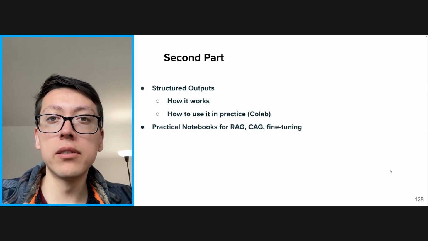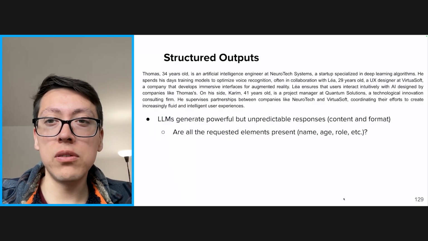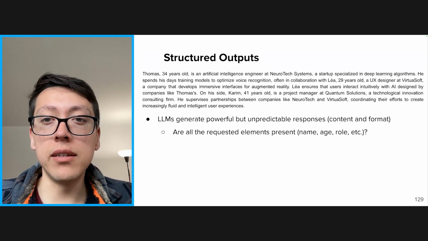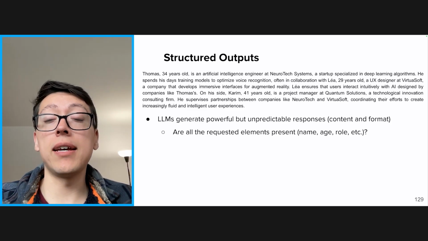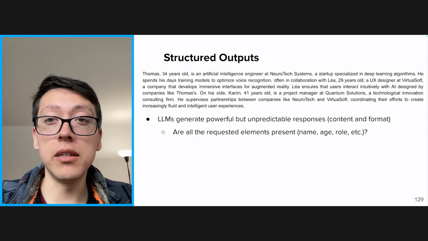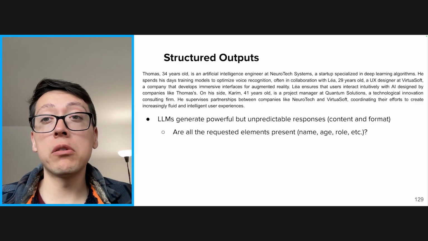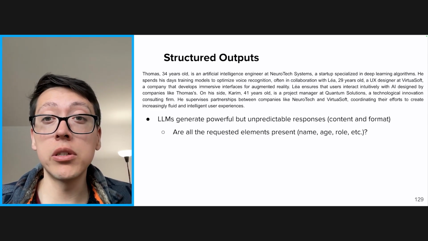So let's start. So here we have an example of some text that can be generated by an LLM. And as you can see here, it's a paragraph, and if we had asked about specific elements in the text, here it's very hard to know if the model actually generated all the information that we wanted to see.